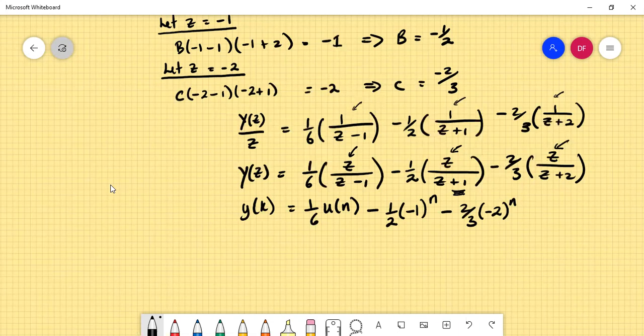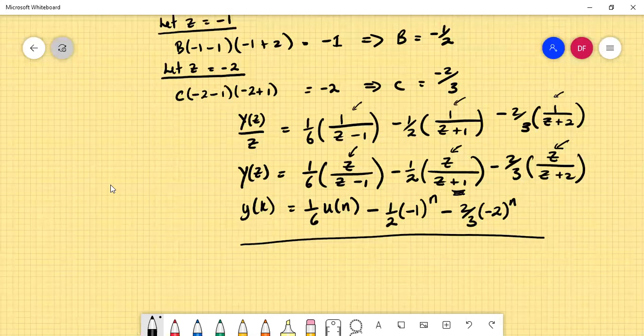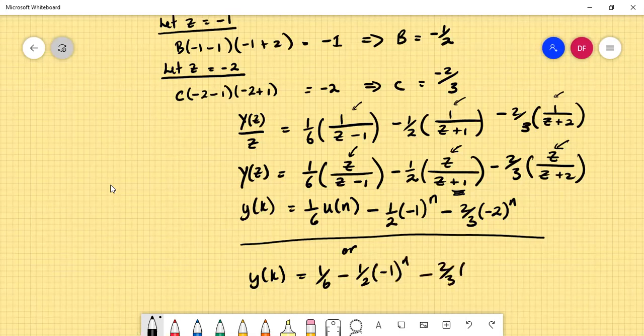So this would be my solution. You can also write it like that.